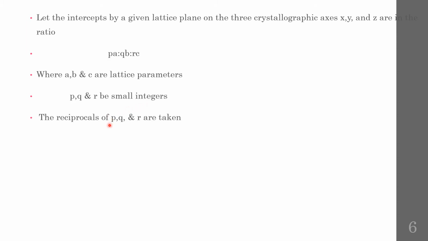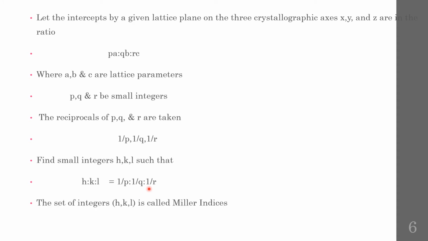Now we will take the reciprocals of p, q and r as 1/p, 1/q and 1/r. Then find the small integers h, k, l such that h : k : l is the same as 1/p : 1/q : 1/r. The set of integers h, k, l is called the Miller indices.